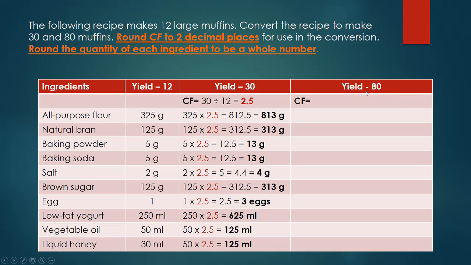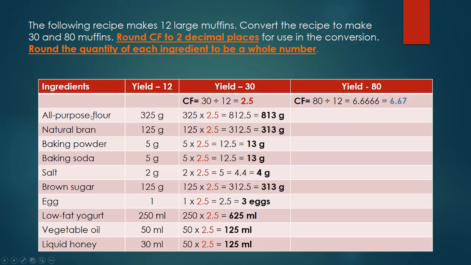I'm going to take my new yield and divide it by my original yield, or in this case, 80 divided by 12 gives me 6.6 repeated. Rounded off to 2 decimal places, my new conversion factor for 80 muffins is 6.67. And just like I did when I wanted a yield of 30 muffins, I'm going to take my conversion factor for 80 muffins and use it to multiply each one of my original recipe ingredient numbers.